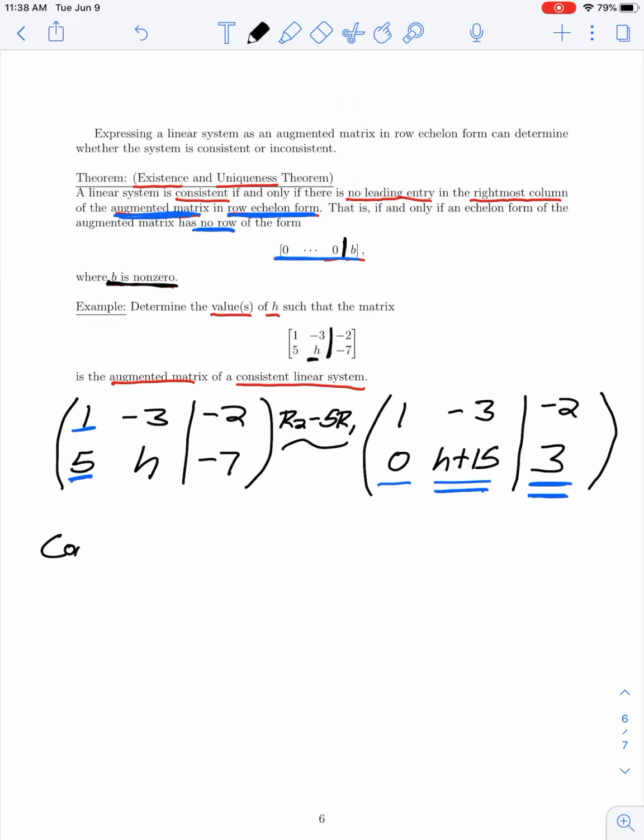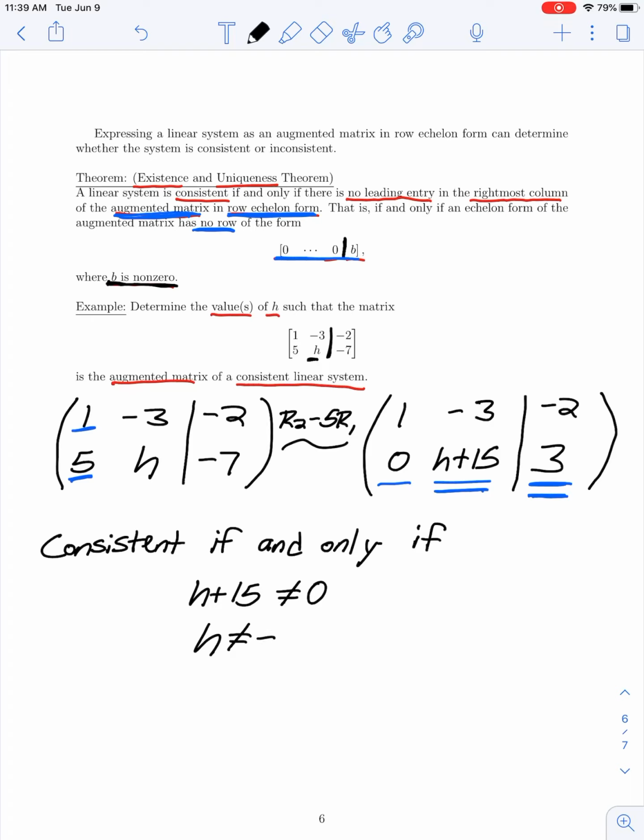So let's say the following. This system is consistent if and only if our bottom right entry, h plus 15, once we've expressed it in echelon form, is something other than 0.